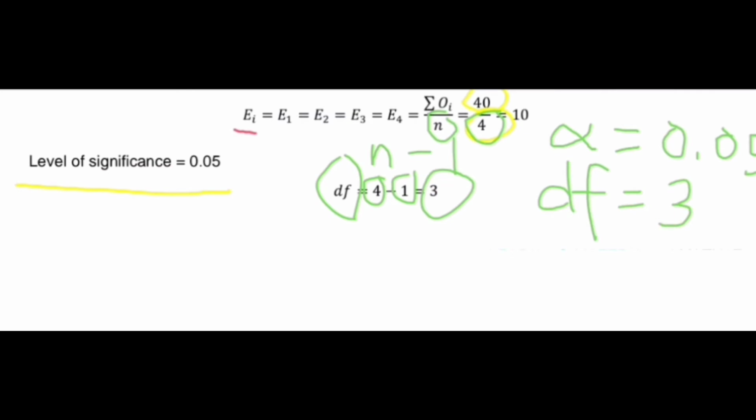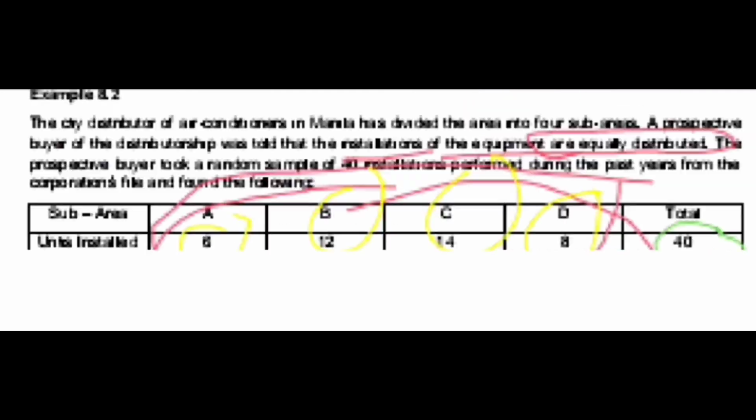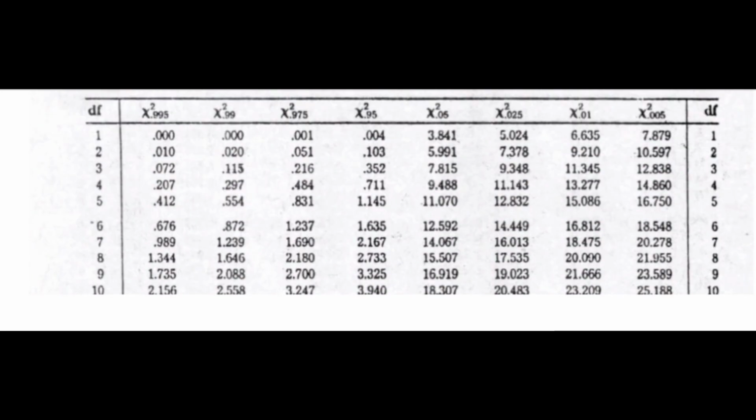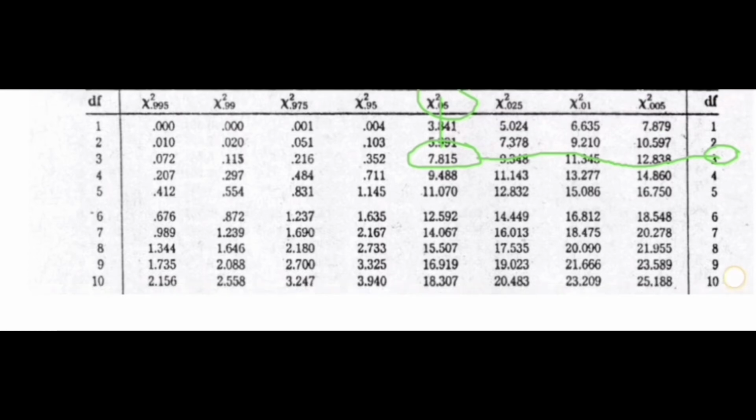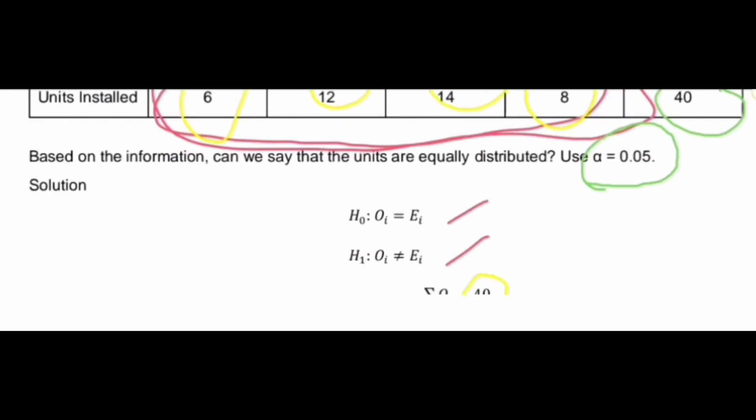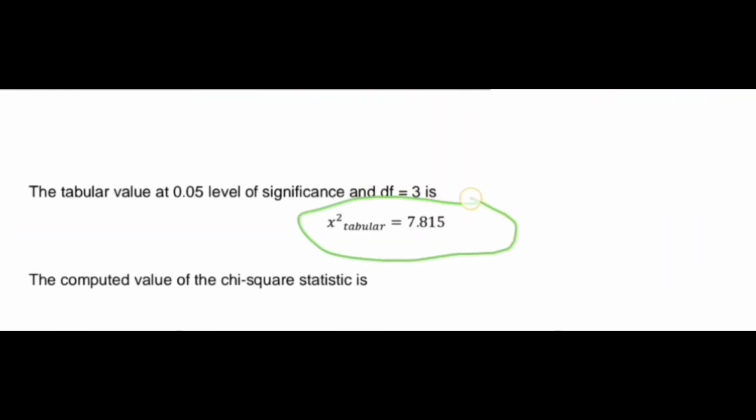Finding that on the x-squared tabular, finding that in this table where df is 3. This is our df, and we have the level of significance 0.05. So we have here this one and this one. So we have here 7.815. X squared tabular will be equal to 7.815.